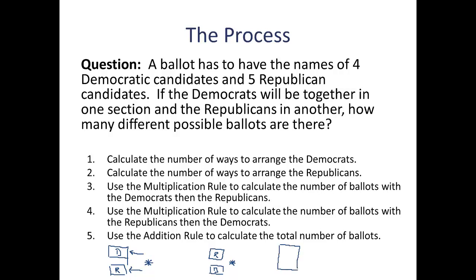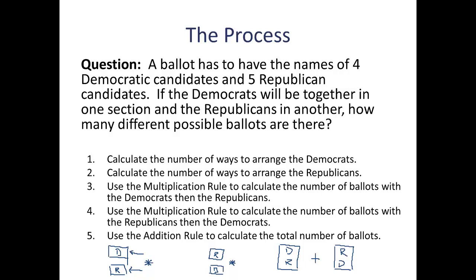We have one set that has Democrats and then Republicans, and we have another set that has Republicans and then Democrats. To get a final ballot, we need to pick one of these. So we're making one choice from 2 sets of ballots that have nothing in common, so this is a situation where the addition rule applies.